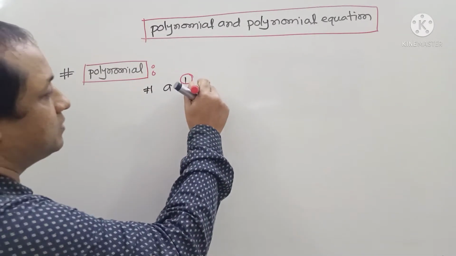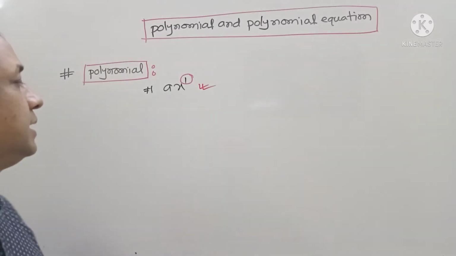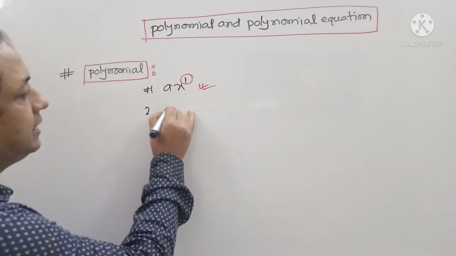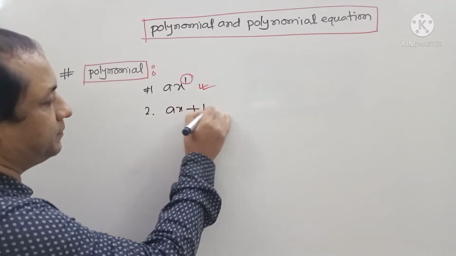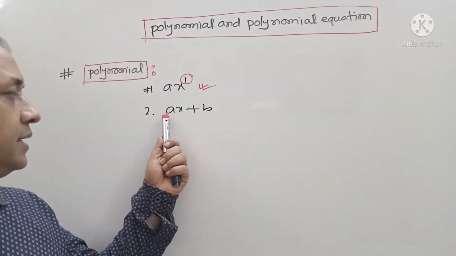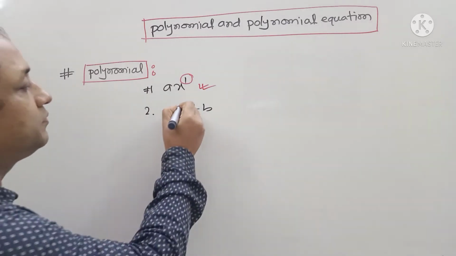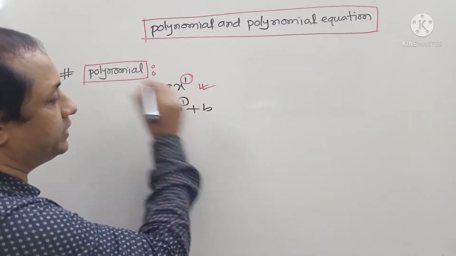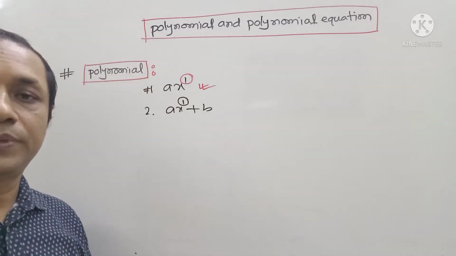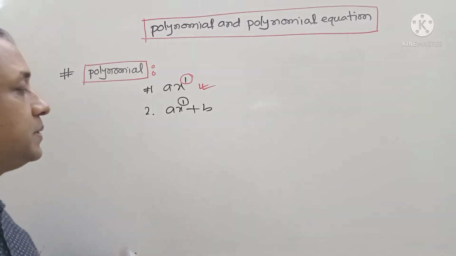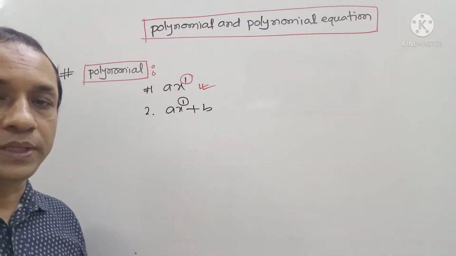So this is a polynomial. And number two, ax plus b. Students, attention please, here a and b are constants, and the power of the variable is positive. So this is a polynomial.